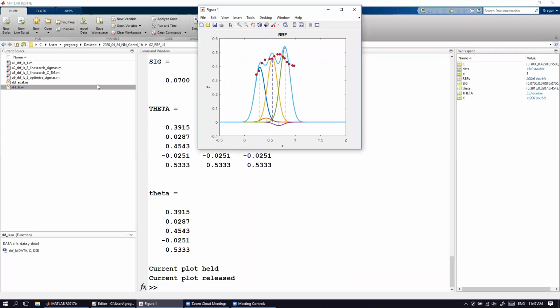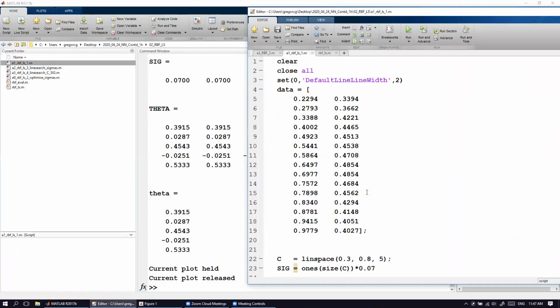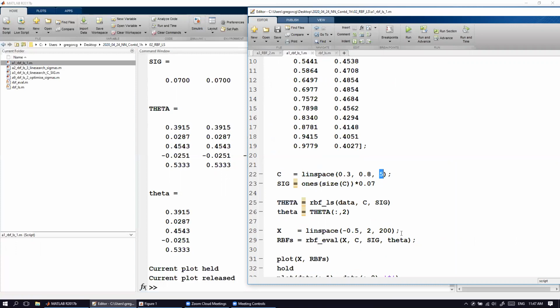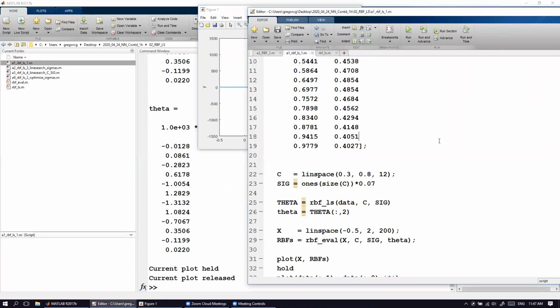Now I am going to increase the number of neurons even more, to, for example, 12. Try that. So now 12 is too much. So we'll do 5 again.